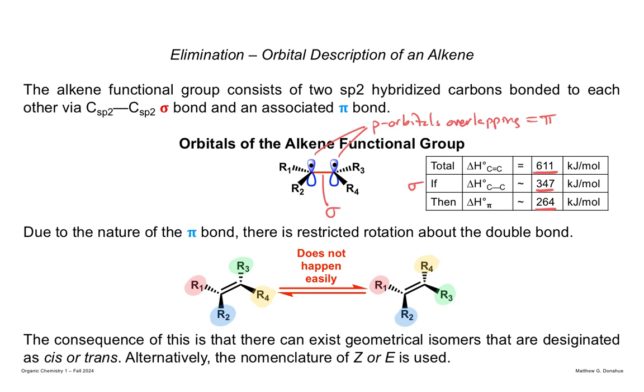That's when we use the cis and trans or E and Z descriptors for that isomerism. Because that pi bond is so strong, those things will not rotate or interconvert easily. Between cis and trans isomers, one is typically going to be more stable than the other, and that's ultimately how you're going to decide which beta hydrogen is abstracted.